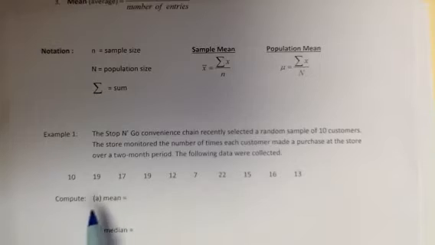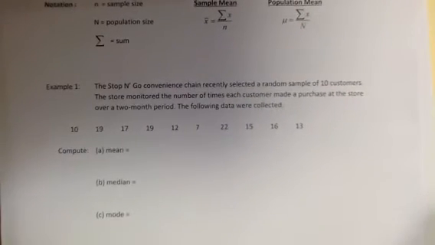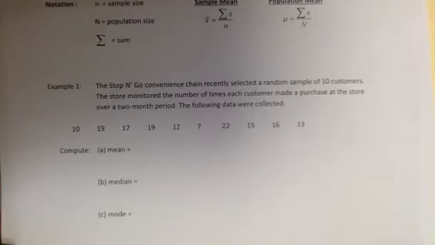So we have a list of data here representing 10 customers. Customer 1 made 10 purchases over a 2-month period. Customer 2, 19, etc.